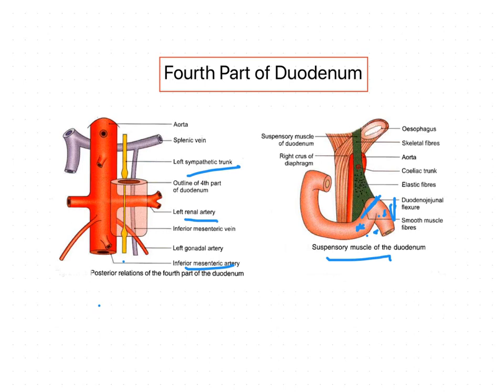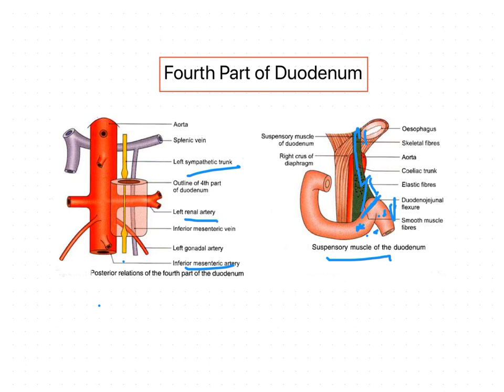It arises from the left crus of the diaphragm close to the right side of the esophagus. So this is the right side of the esophagus. It passes downwards behind the pancreas, and it is attached to the posterior surface of the duodenojejunal flexure.